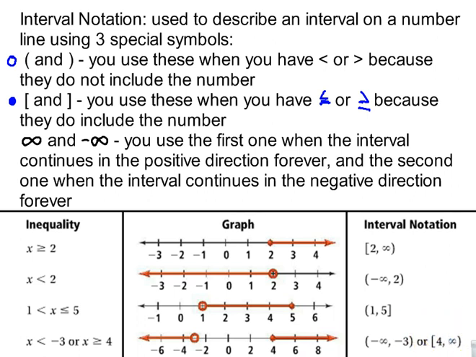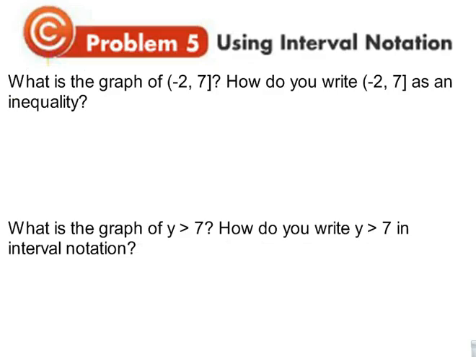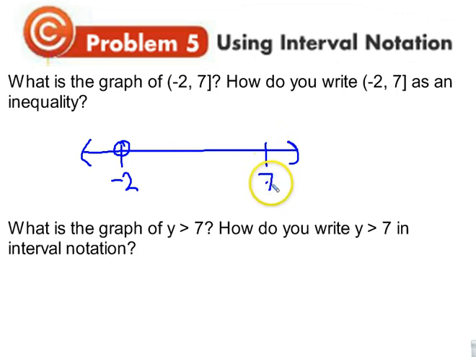Okay, so let's look at, I think I have one here. Yeah, okay. What is the graph of (-2, 7]? Okay, and how do I write it? Basically, it's asking, is it an and or an or? Okay, so remember, this means it's going to be open. So at -2, I'm going to put an open circle. At 7, I'm going to put a closed circle. And then I'm going to shade everything in between.